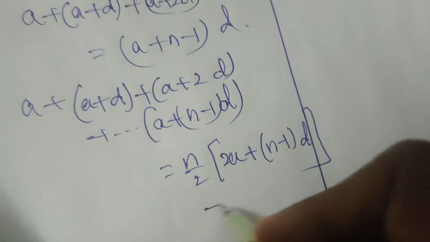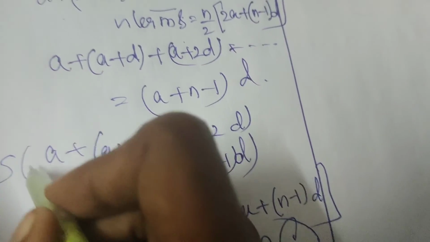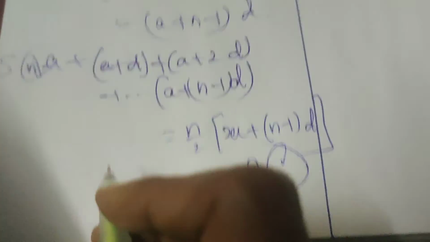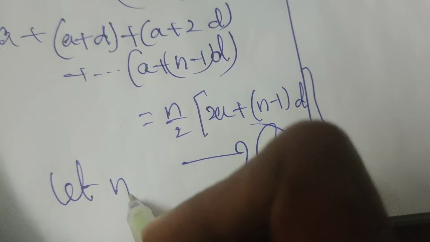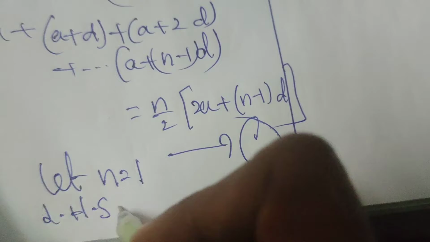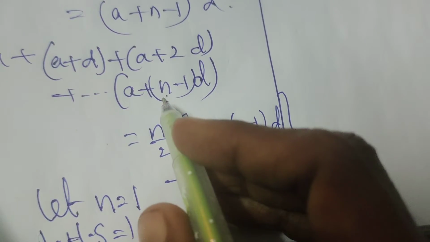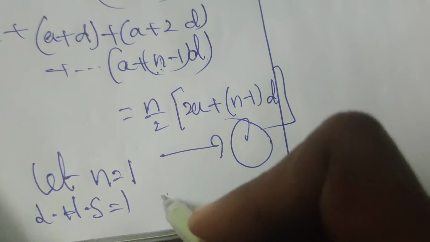Assume this is equation number 1, and the given statement is S of n. First of all, prove it for n equals 1, checking both LHS and RHS. For LHS, in place of n substitute 1, this is 0, and we get a.